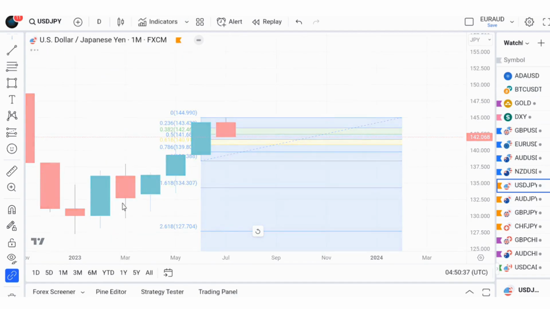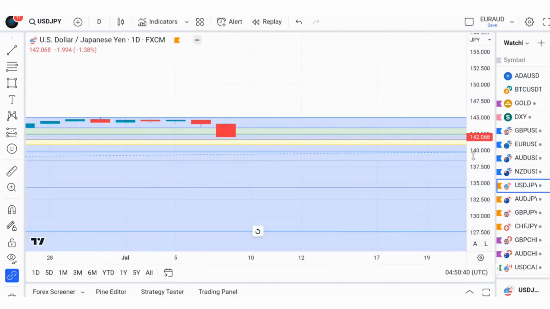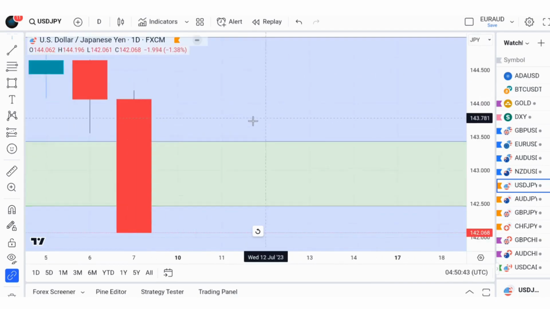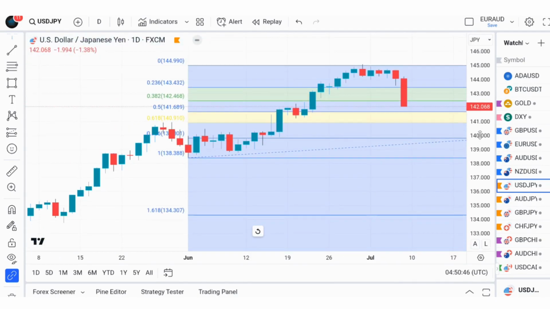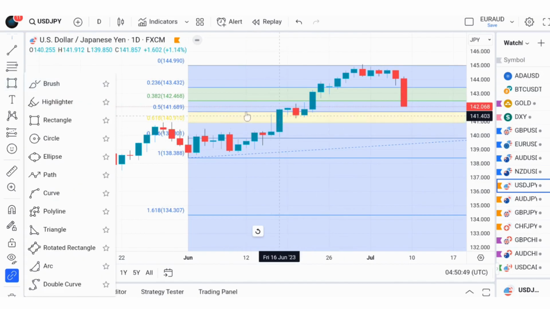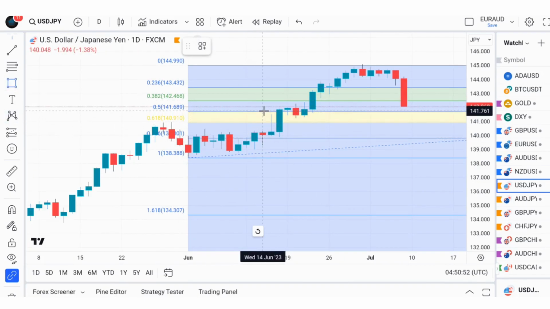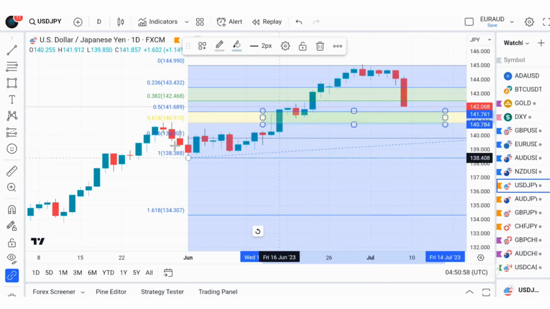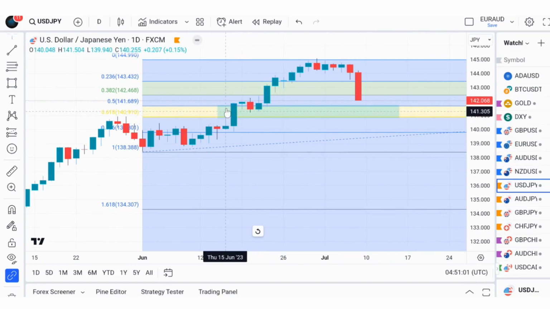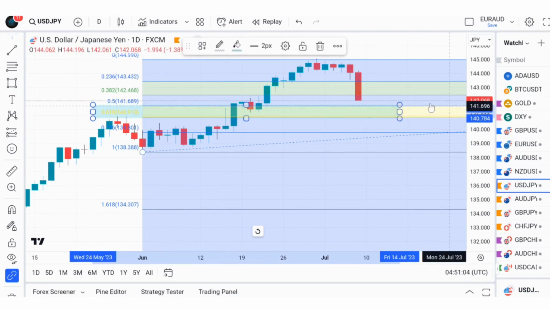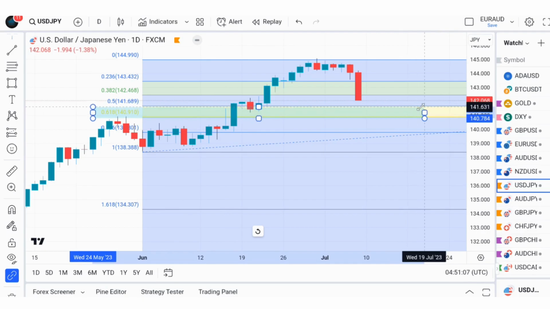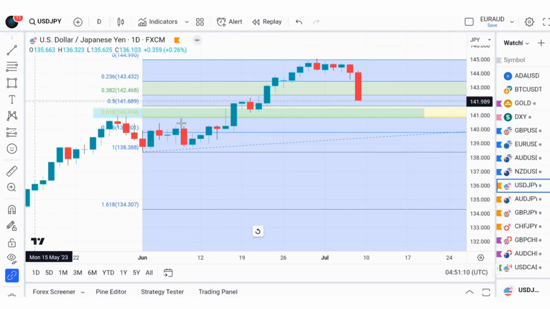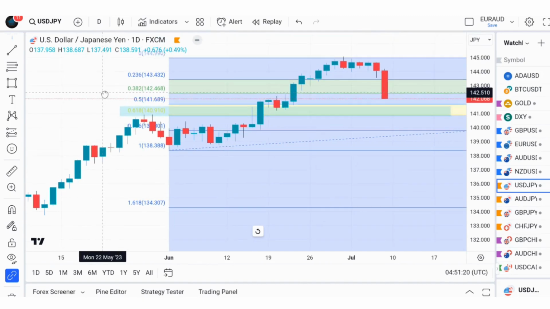So it's actually at the 50% fib level. So here we should actually be waiting for a rejection or more. Yeah, I'm actually waiting for a rejection at this particular area for the JPY to continue its weakness. And if we didn't see any rejection at this particular area, we should be looking at more moves to the downside on US dollar Japanese yen.